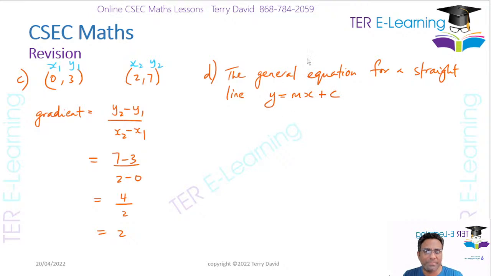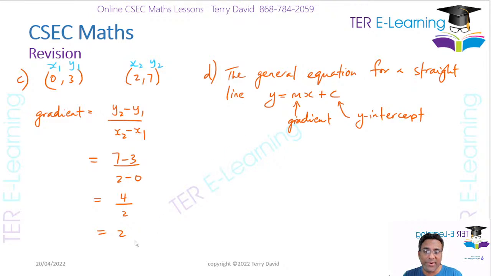Where m, this m here that we see in here, is my gradient, right? And this c here is my y-intercept, right?